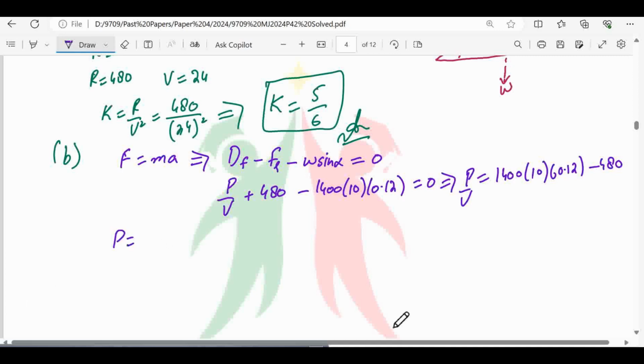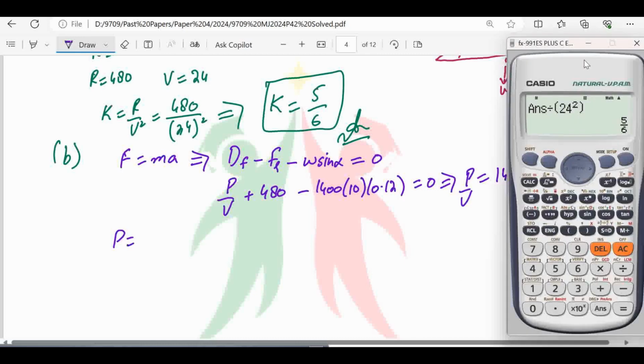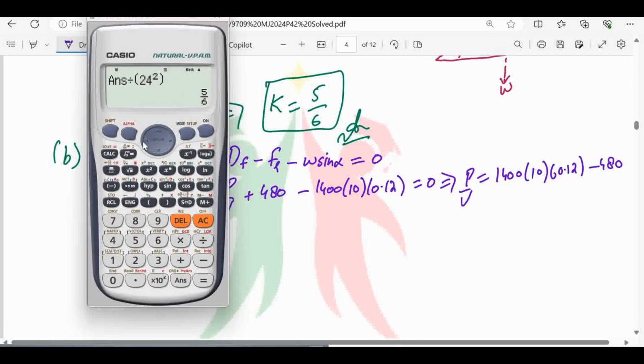So we can use the calculator. Let's see the calculation over here, that 1400 multiplied by 10 multiplied by 0.12 minus 480, so it will be equal to 1200.